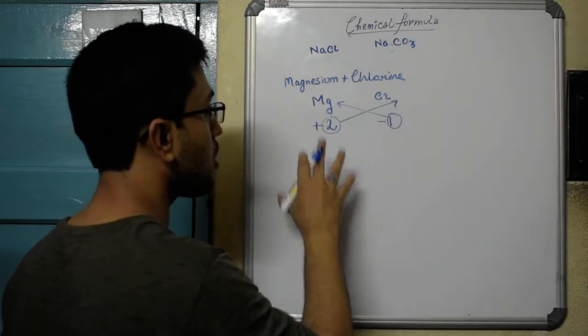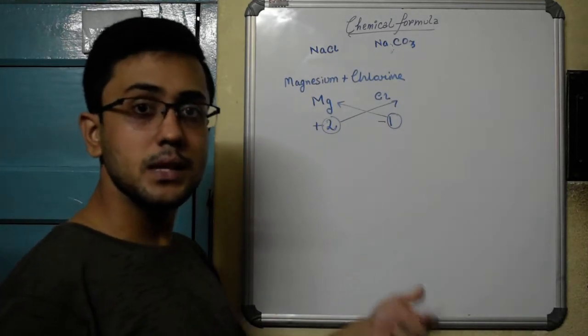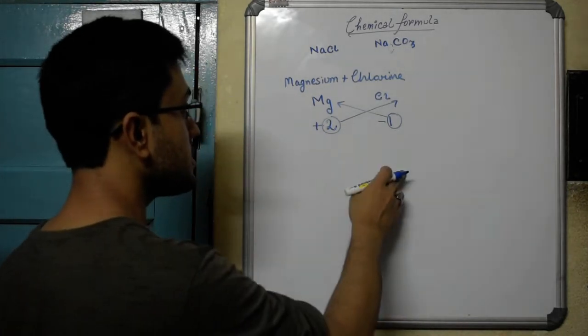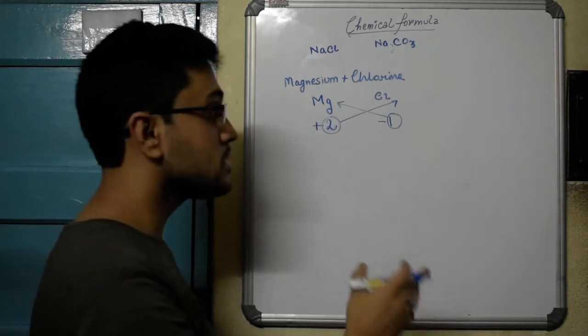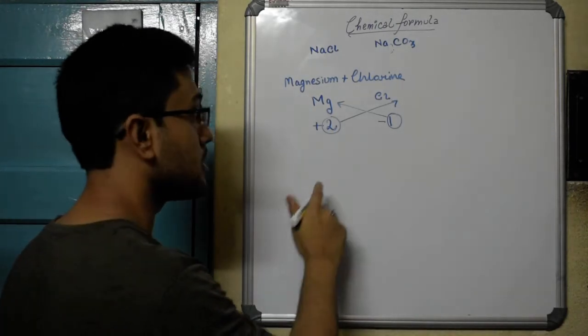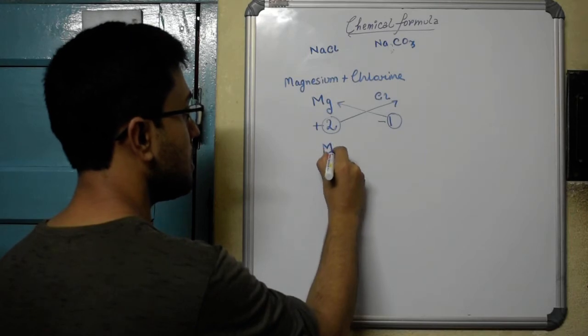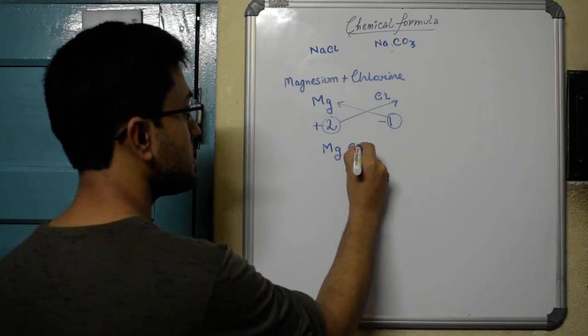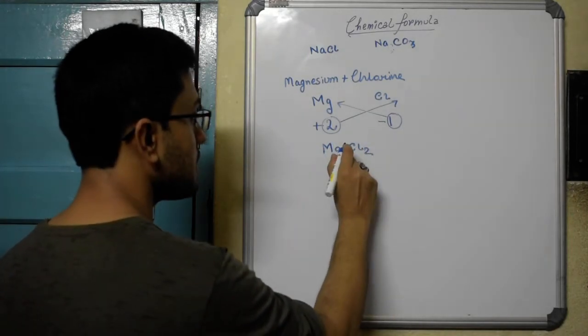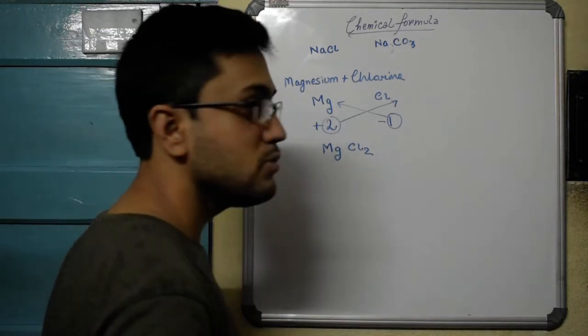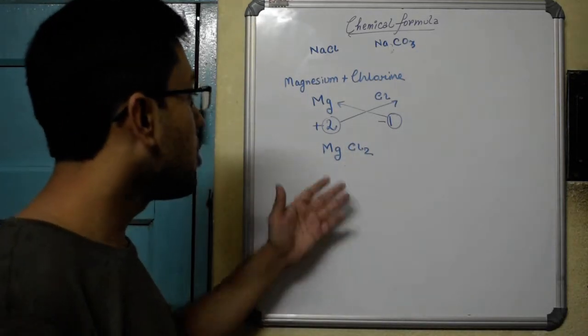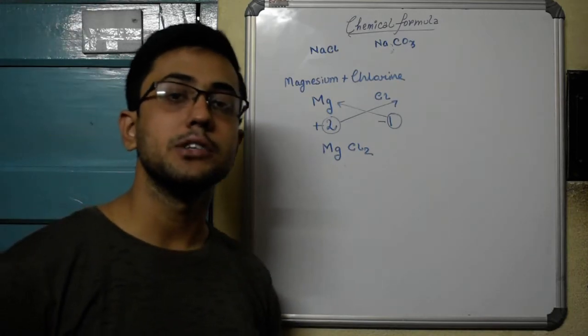But if I am talking of charges, there will be plus and minus charges. So when you are interchanging in the case of charges, you should not consider the sign. Now if I write down the formula, it becomes Mg1Cl2. The 1 can be neglected and it is simply written as MgCl2. This is the formula for the compound magnesium chloride.